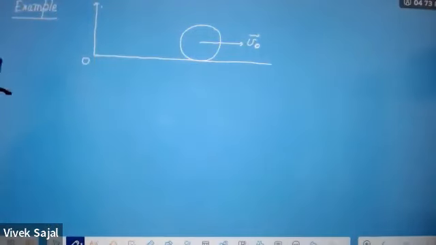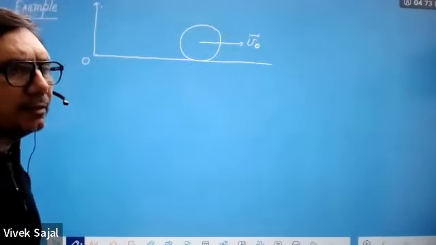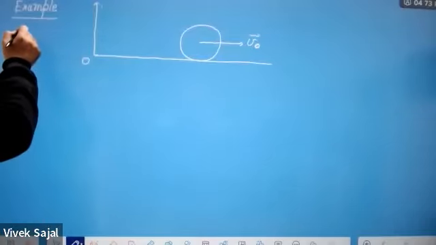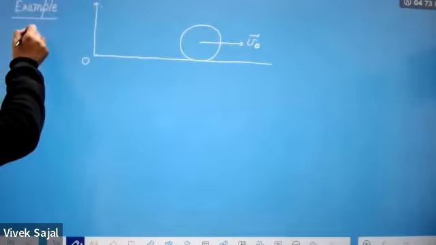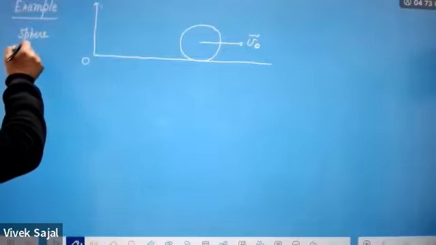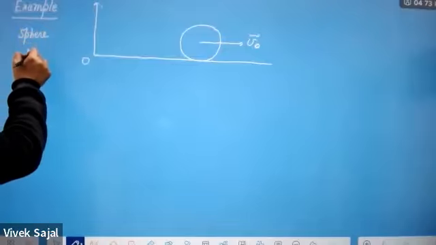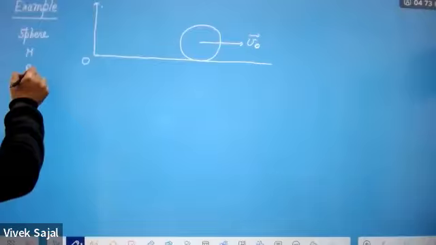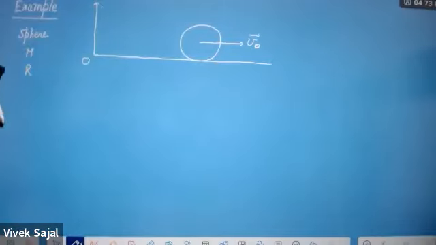Now please write the question: a sphere of mass m and radius r, solid sphere I am talking about.